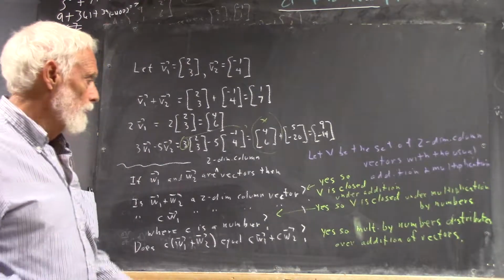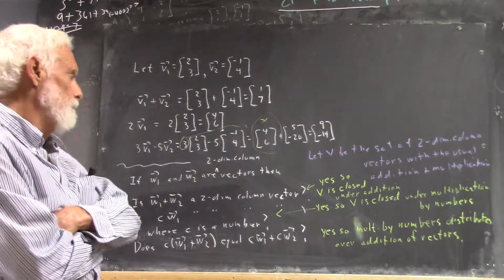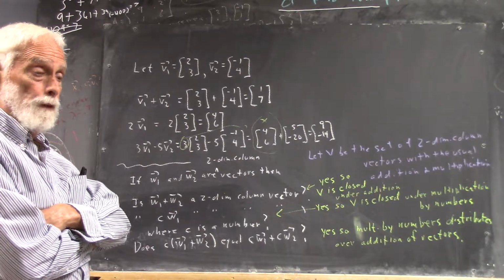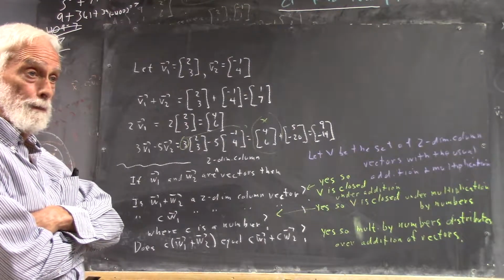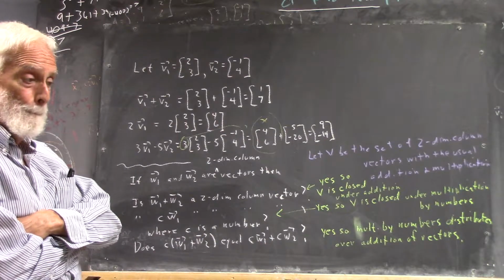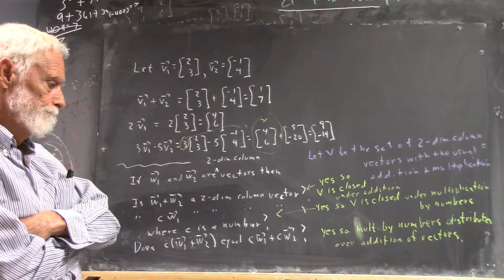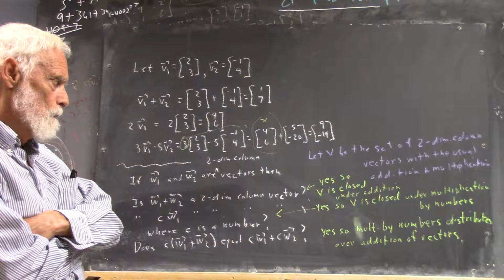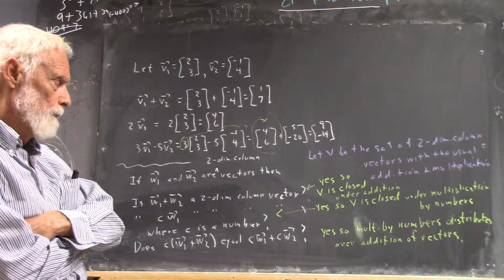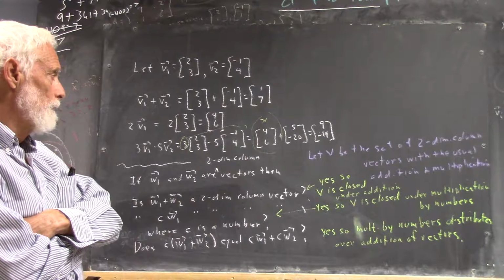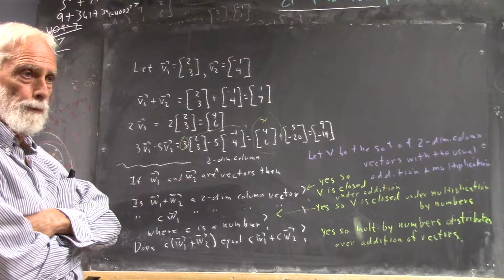Now there are other properties, but these are, in a sense, the main ones for what we call vector spaces. Okay? And all vector spaces act like vector spaces for numbers over column vectors.